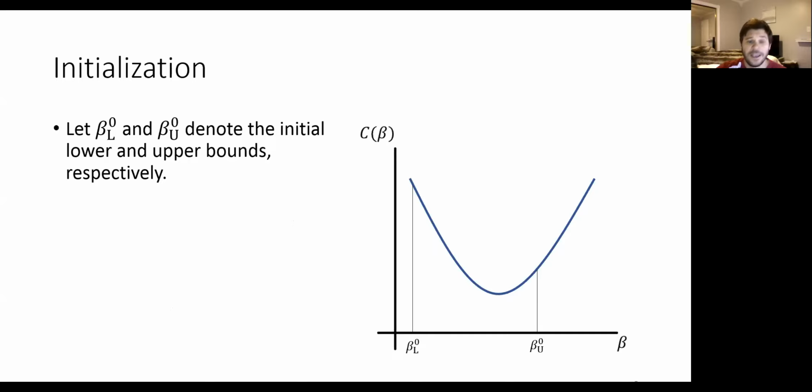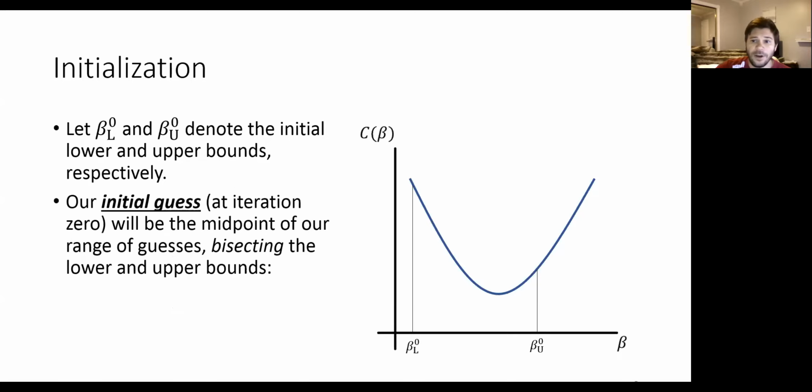are going to define for us the bounds by which we construct our initial guess. And this algorithm is called the bisection algorithm for a very important reason, and that is at every iteration, we're going to take these bounds and cut them in half. We're going to bisect them, and we're going to do that by constructing our initial guess B0 as literally the bisection of this interval.